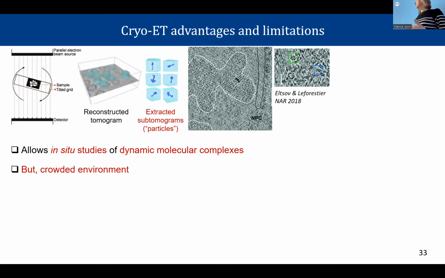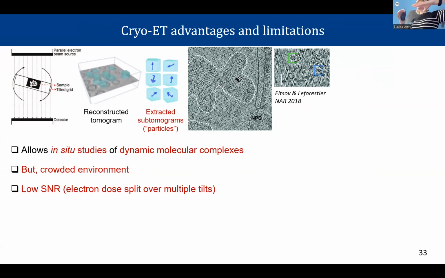There is not only the complex of interest, like this one here that we indicated, the nucleosome, but there are many complexes around, and you also have much more noise, because in single particle analysis you expose one zone of the sample only once. Here you have to tilt, and so the sample stays in the microscope much longer. So you need to reduce the electron dose.